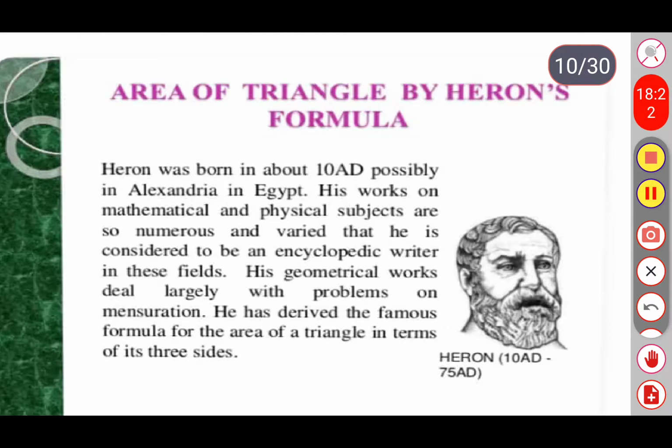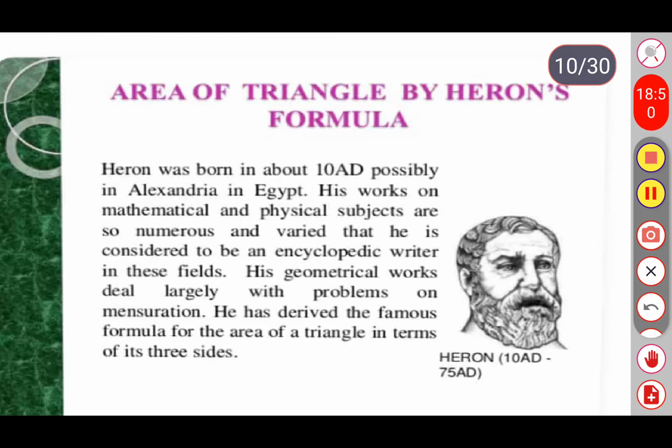His geometrical works deal largely with problems on mensuration. He derived the famous formula for the area of a triangle in terms of its three sides. With the help of the three sides, we can calculate the area of the triangle.